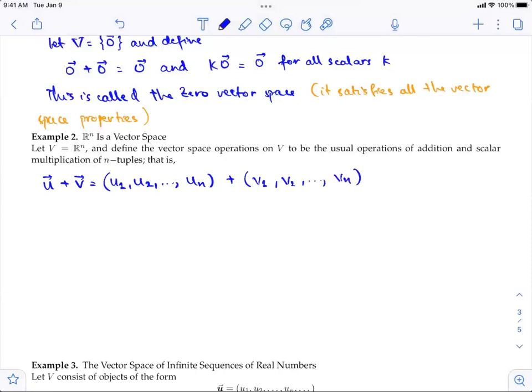You get (u1 plus v1, u2 plus v2, up to un plus vn). This is in Rn as well.